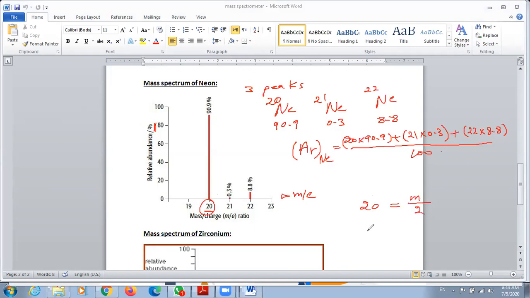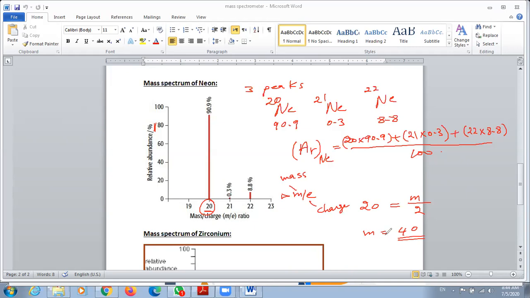And this means that the mass is equal to 40, not 20. So you always have to multiply by 2 if the charge is +2. This is the charge, and this is the mass. If he says that the charge was +2, then you have to multiply by 2 to get your mass.